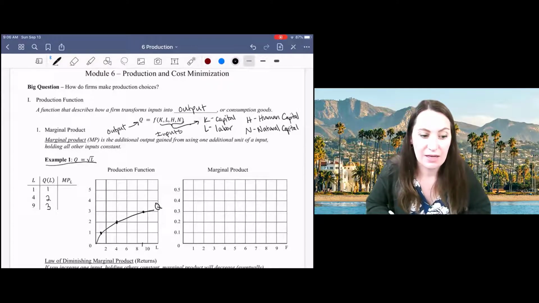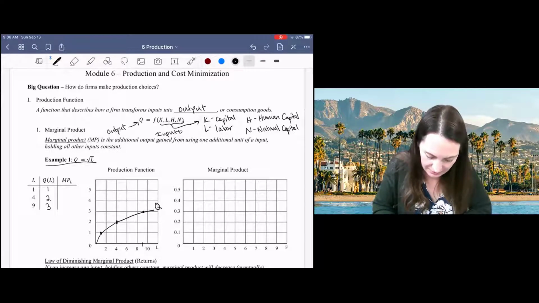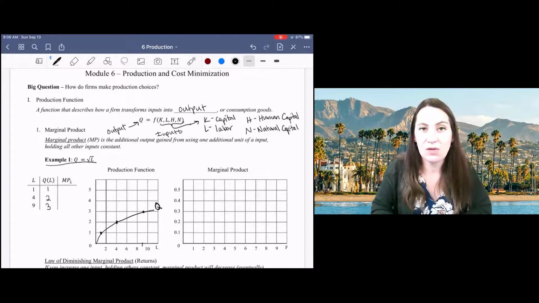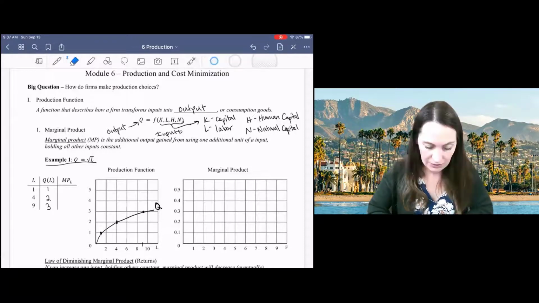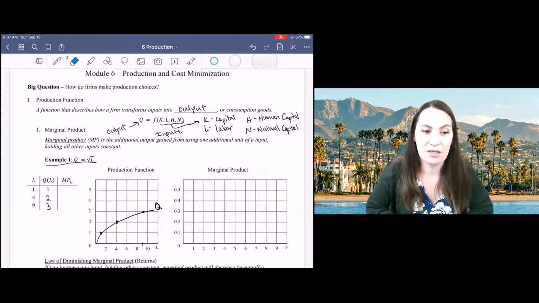It's increasing at a decreasing rate. That's an assumption that we're going to be making, and we'll outline what that is and why we're making that assumption in a couple minutes. Here we have just one input, so we can plot the production function on this two-dimensional graph. But when you have more than one input, you're not going to be able to do that.